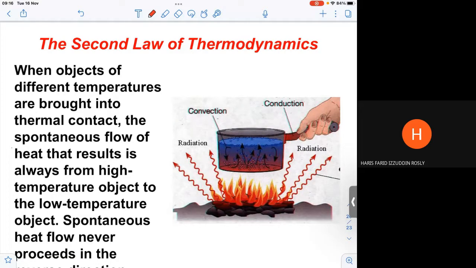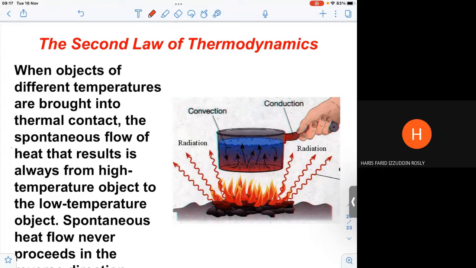If you think carefully, the first law of thermodynamics uses a lot of equations. Delta U equals Q plus W. Then you need to establish what Q, delta U, and W are, and apply it inside the four thermal processes. A lot of equations and situations are involved. But the second law of thermodynamics is just a matter of explaining the difference in temperature during thermal contact.